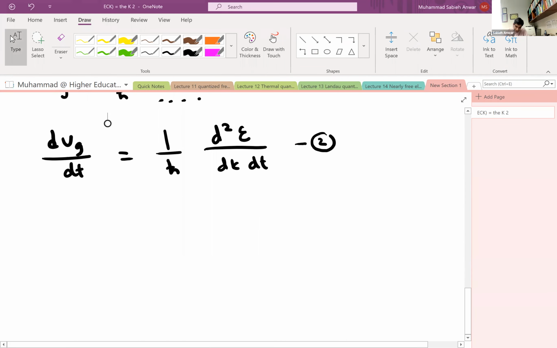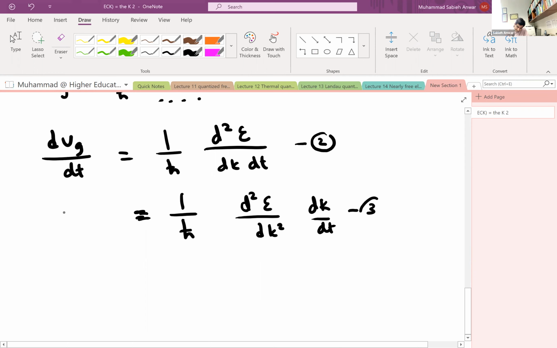And I can also write this by the chain rule as 1 over h bar d square E over dk square, times dk over dt. This is something proportional to the acceleration. All right. So now I need to look at this term here, dk over dt.